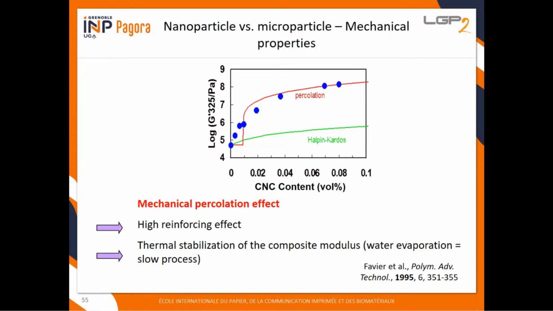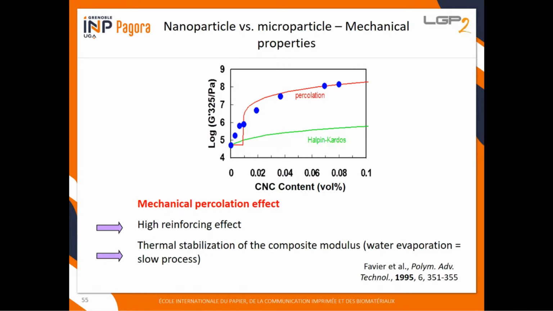So Halpin-Kardos takes into account the stiffness of the nanorods, but in this model, there is no interaction between the nanoparticles. And you can see that the model failed to predict the experimental data. And when using this percolation approach that takes into account the interactions between the nanoparticles, you can see that we have a good agreement with the experimental data.